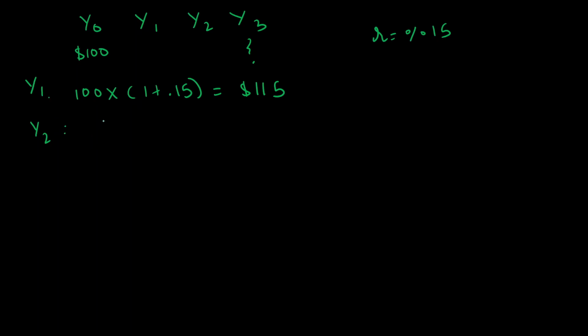in your second year, you take this $115 and you multiply it by 1 plus 0.15. Because remember, we are getting that 15% interest on what we already have in the bank. And at this moment, we have $115. So we get 15% interest on top of that. So you have 115 into 1 plus 0.15, which is equal to, let me just quickly input this into the calculator, $132.25.